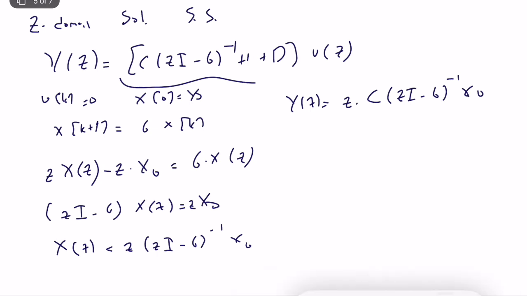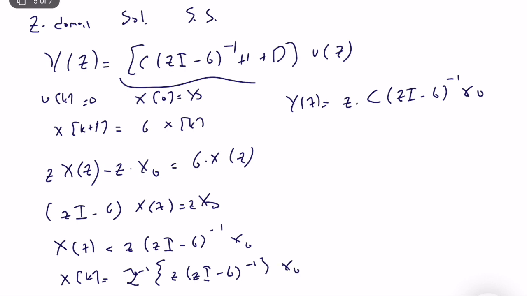So if I take the inverse z transform of this, what I will obtain is x of k, not inverse Laplace, inverse z transform, equal to z to the power minus 1 of z times zI minus g inverse times x naught.